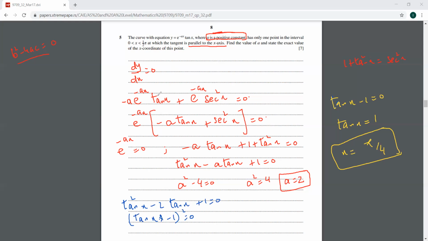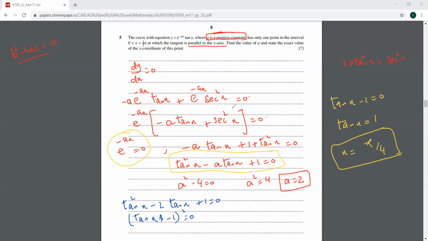You see how much information, how much of the syllabus has been covered within one question. This apparently looks to be a question on differentiation, but you see that we have the exponential concept here, why we can't have a solution there. Then you see there is the concept of quadratics coming in.